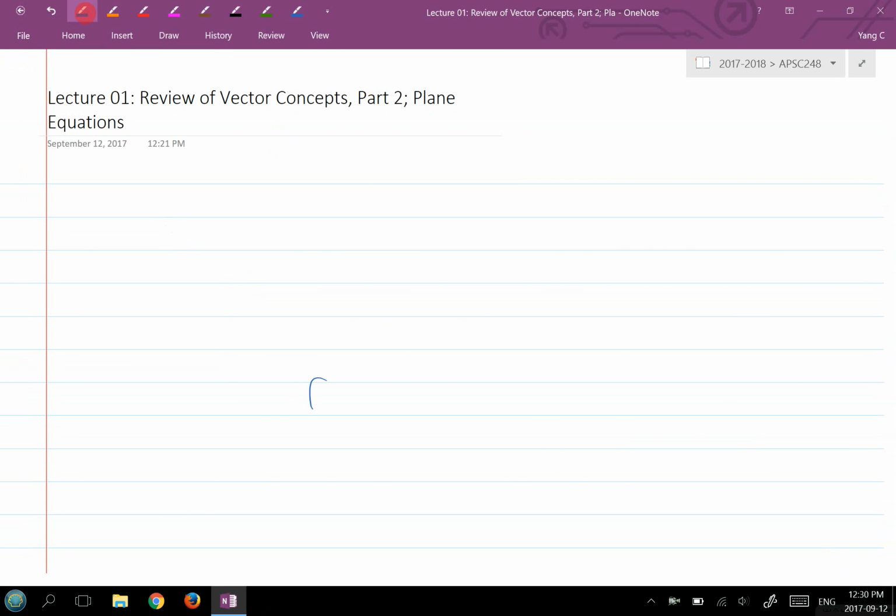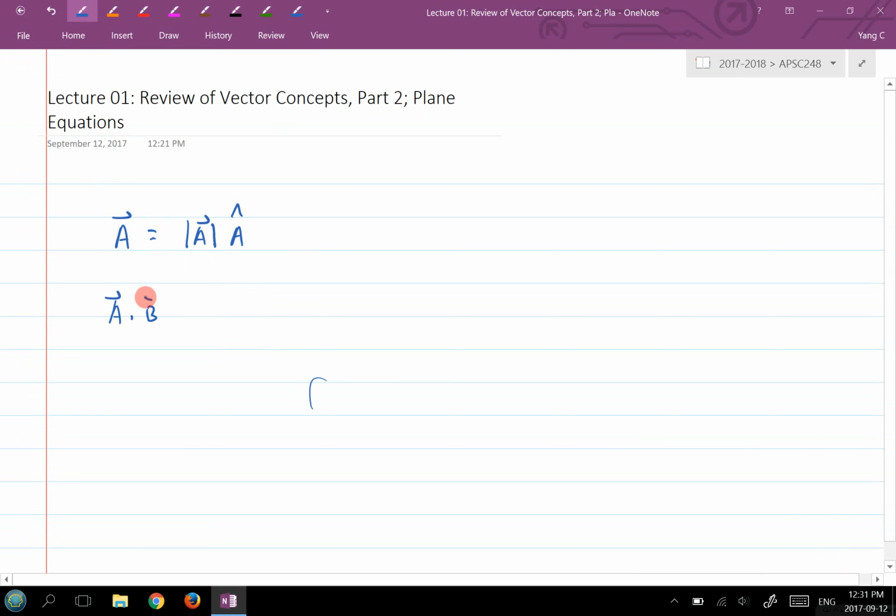Okay, so let's continue on the review of vector concepts here. In the last lecture, we reviewed the concept of a vector, and we learned that when you have a vector, there are always two components that you need to construct it. One is the length, and the other is the direction. We also looked at the dot product.